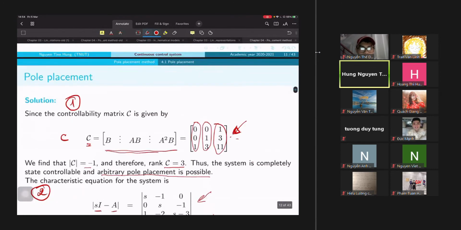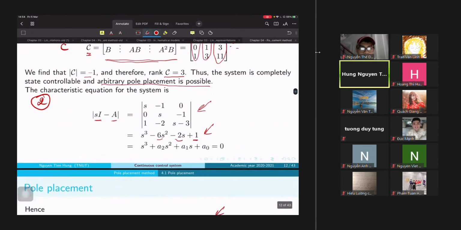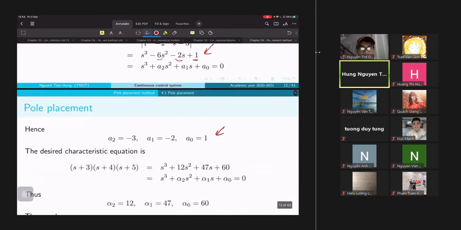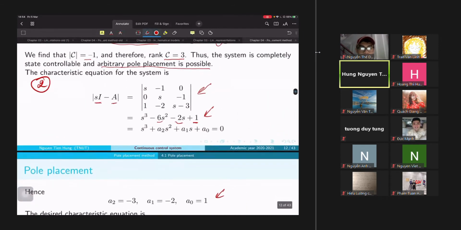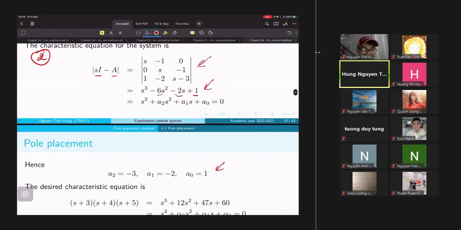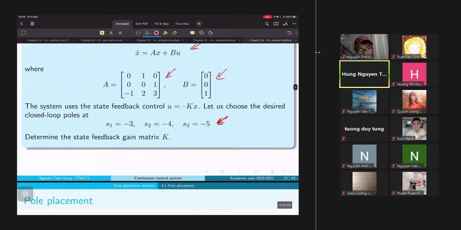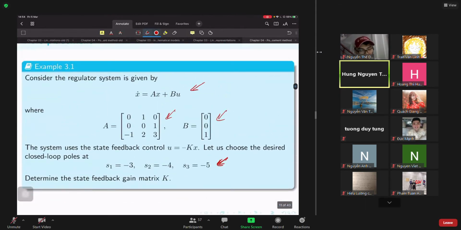In step 3, because we got this form, the matrix is already in the controllable canonical form.